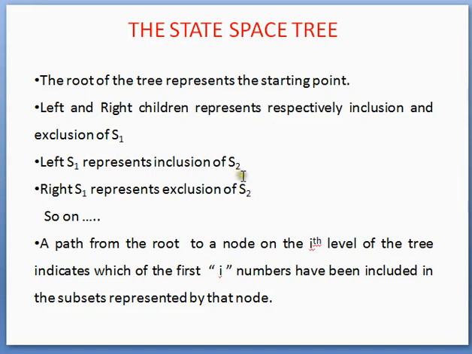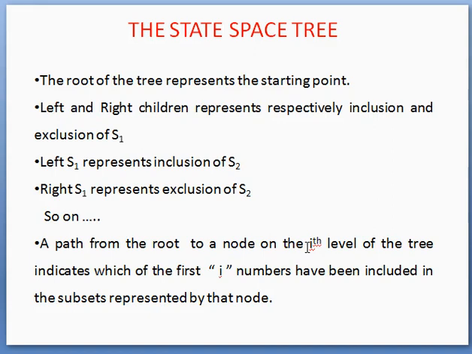If we continue in the same way, we will complete inclusion and exclusion of all the elements from the given set and the state space tree will be ready. When the state space tree is constructed completely, then to find the solution we need to find a path from the root to a node at some particular level of the tree which indicates a solution for the given subset.